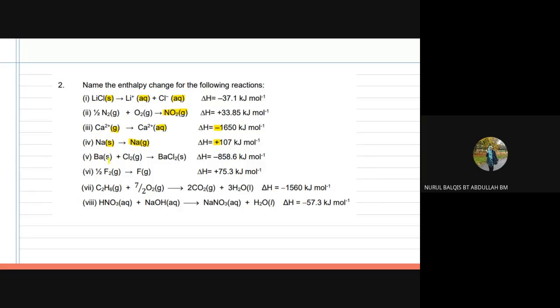And then we have barium in solid state to react with Cl2 in gaseous state to form BaCl2 in solid state. The delta H is negative. So this negative indicates it's either heat... what could it be? Combustion. Combustion, heat change or heat release, right? Yes.